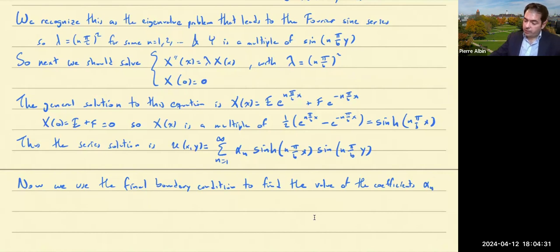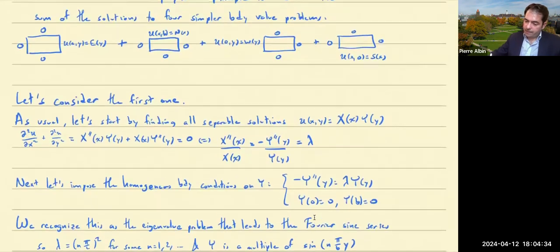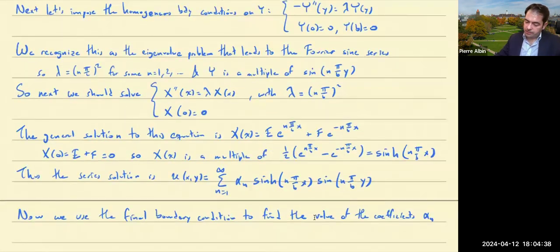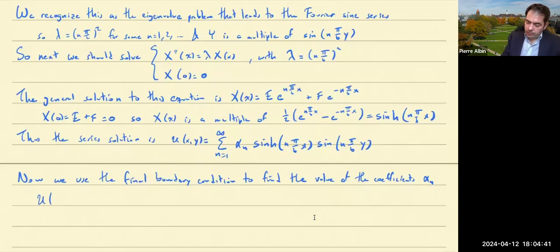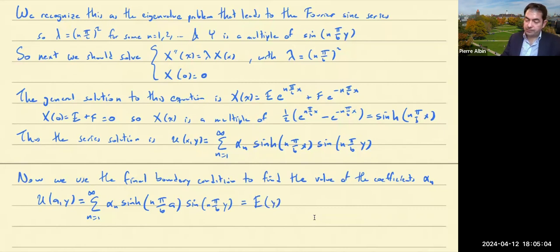All right, so the final boundary condition, if I scroll up, is this: u of a comma y should be capital E of y. If we plug that into the series, that's the sum n goes from 1 to infinity of alpha n hyperbolic sine of n pi over b of a, and then sine of n pi over b y. And we want that to be equal to capital E of y.